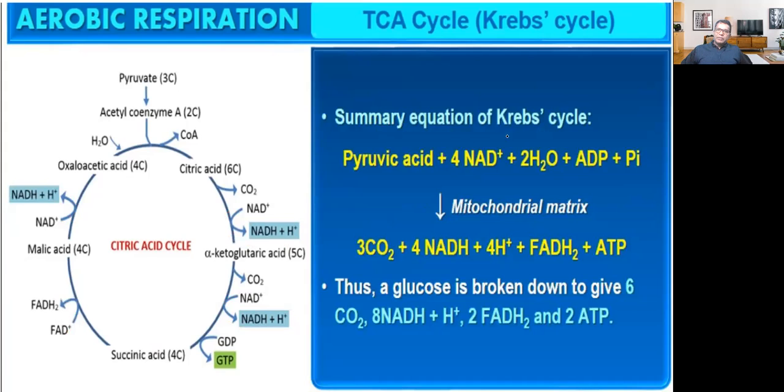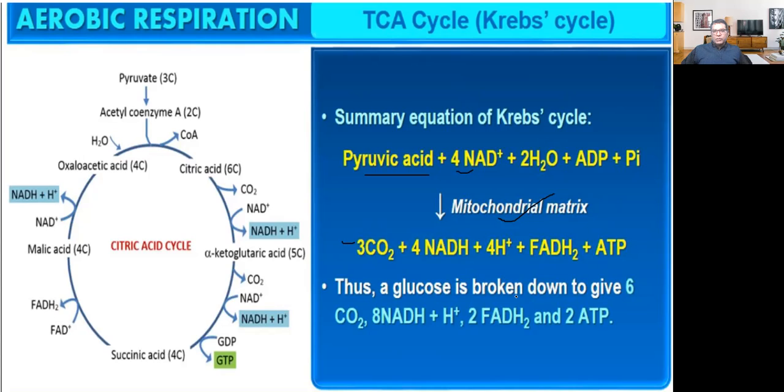So the summary equation of the Krebs cycle here: pyruvic acid plus 4 NAD plus 2H2O plus ADP and inorganic phosphate, taking place in the mitochondrial matrix, produces 3 carbon dioxide, 4 NADH, 4 hydrogen ions, FADH and ATP.